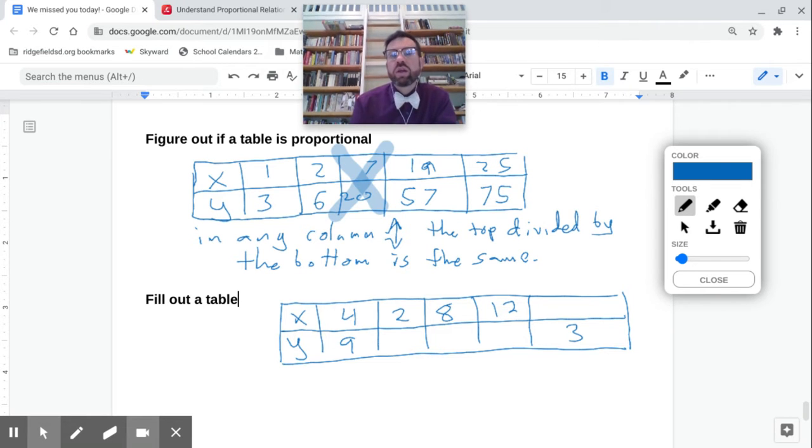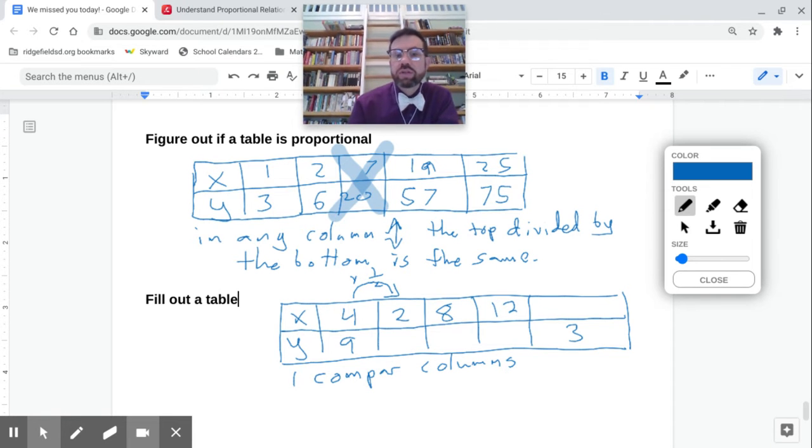So 4/9, right? So I need to know something that's the same as 4/9. So there's 2 ways to do this. Way 1, compare columns. For example, I know that 2 is half of 4, right? Times 1/2.